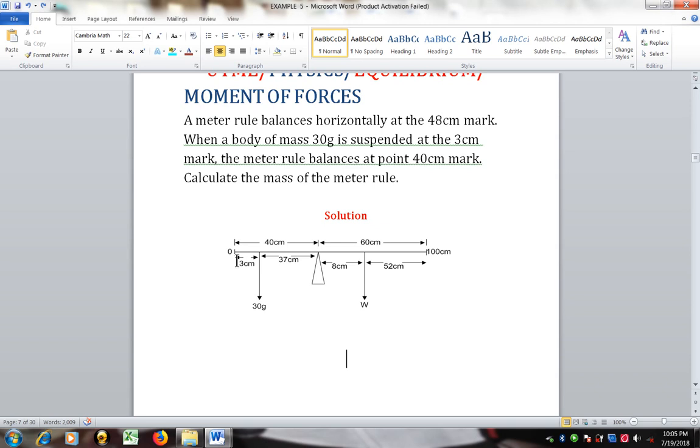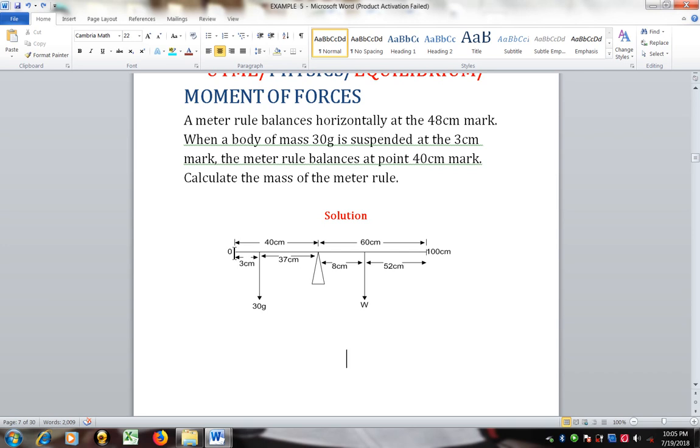So from 0 centimeter to 3 centimeter is where we suspend the 30 gram mass, and this is where we have the new balance point, which is 40 centimeter away from 0. All we have to do now is find the distance between the mass suspended and the fulcrum.